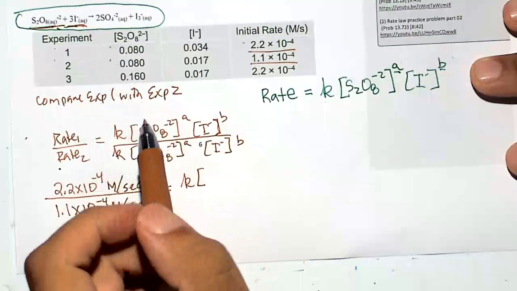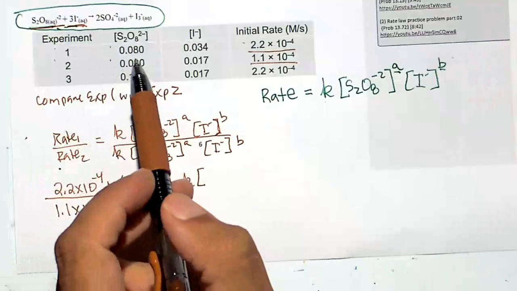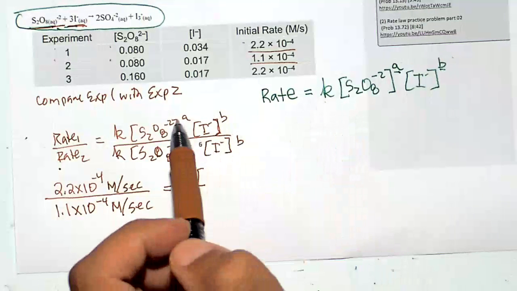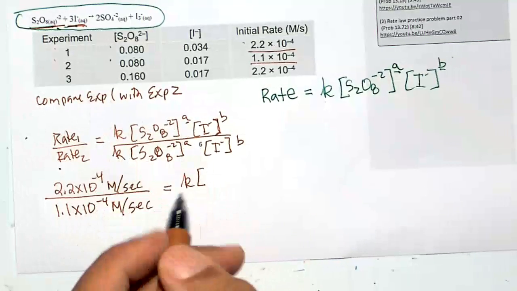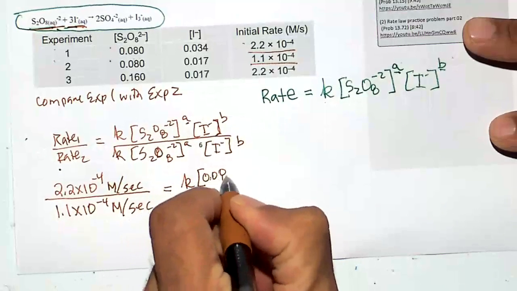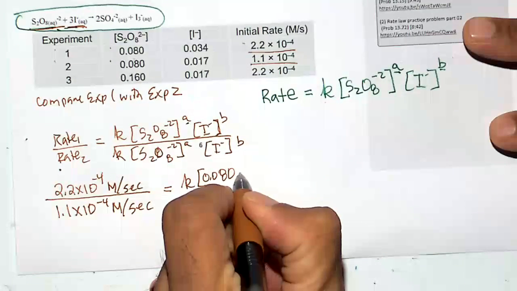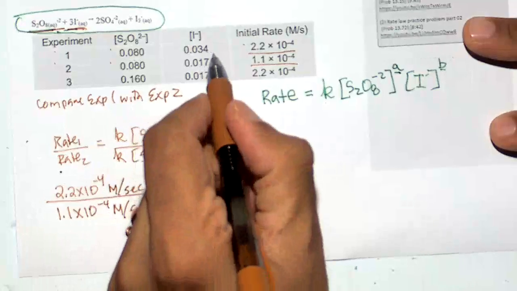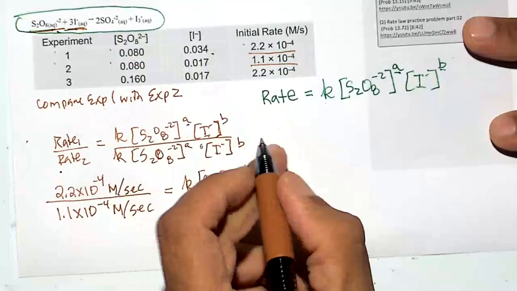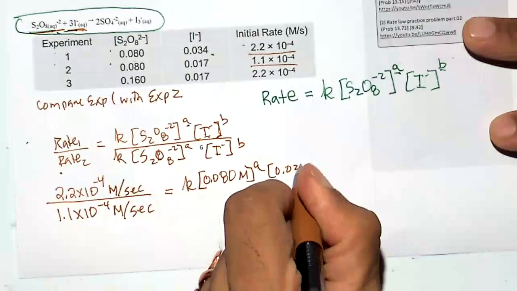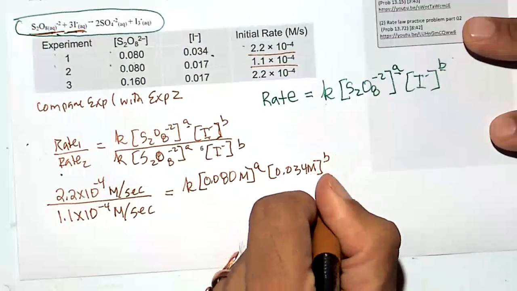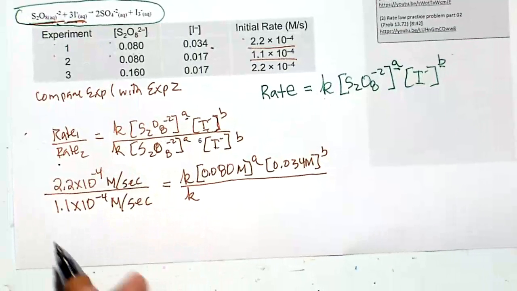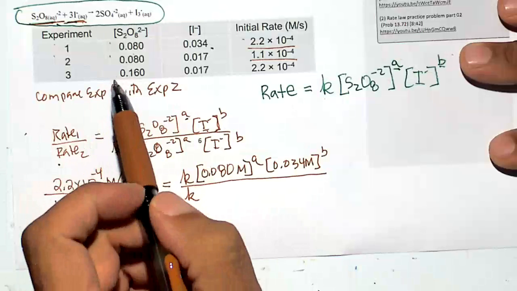S2O8 is something we need to find. What's S2O8 2 minus for experiment 1? Everyone agrees it's 0.08, raised to the power of its exponent, times I minus. What's I minus for experiment 1? 0.034, raised to exponent B. And then let's do that over experiment 2.